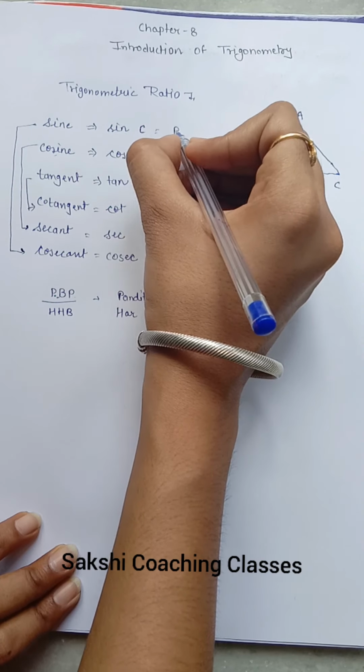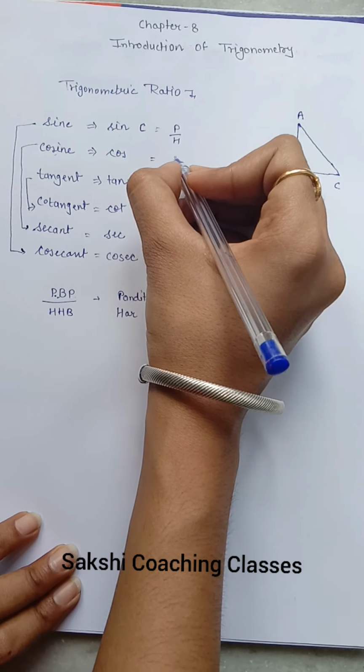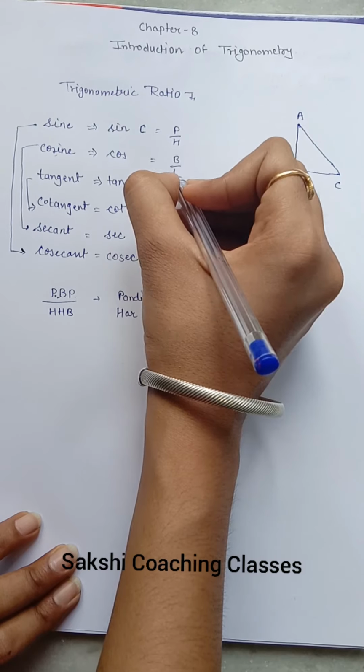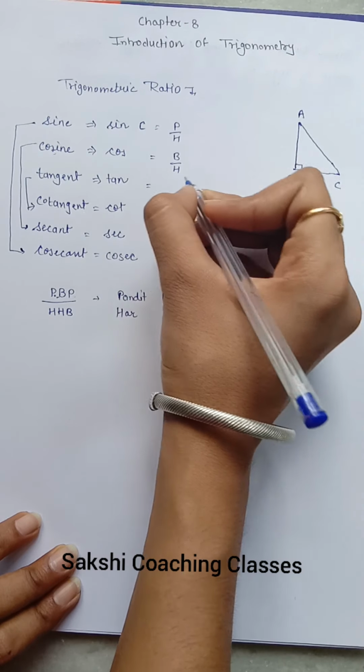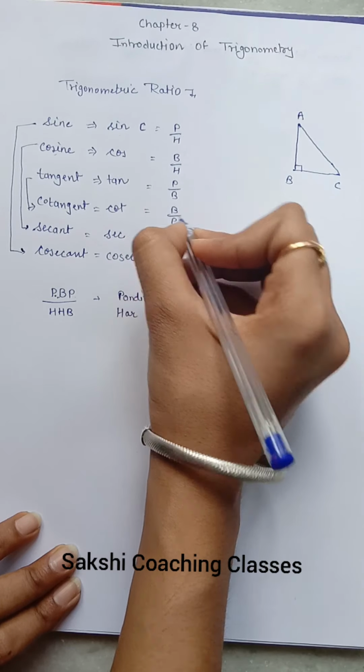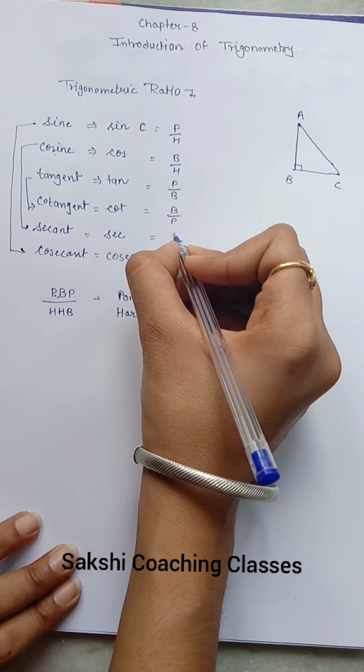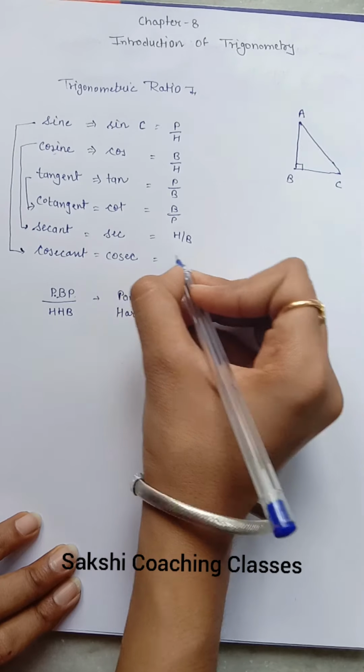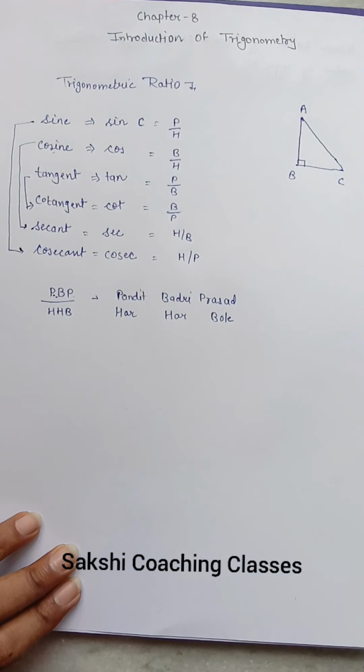Sine is P by H, cos is B by H, tan is P by B, cot is B by P, sec is H by B, and cosec is H by P.